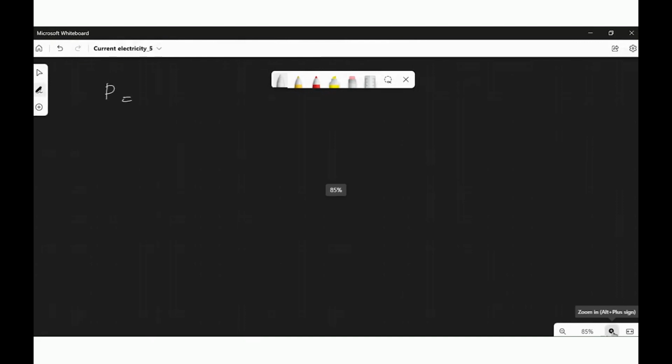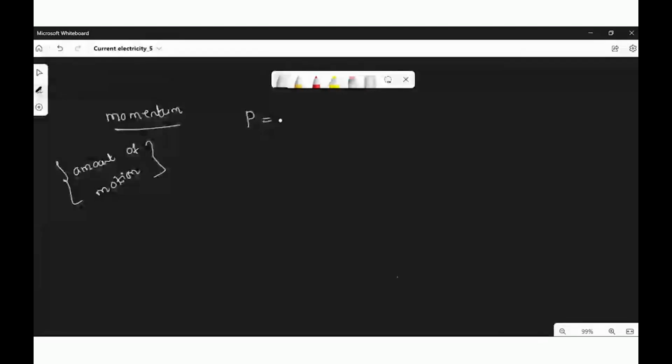Momentum is a physical quantity which tells you the quantity of motion, or the amount of motion, given by the product of mass and velocity.